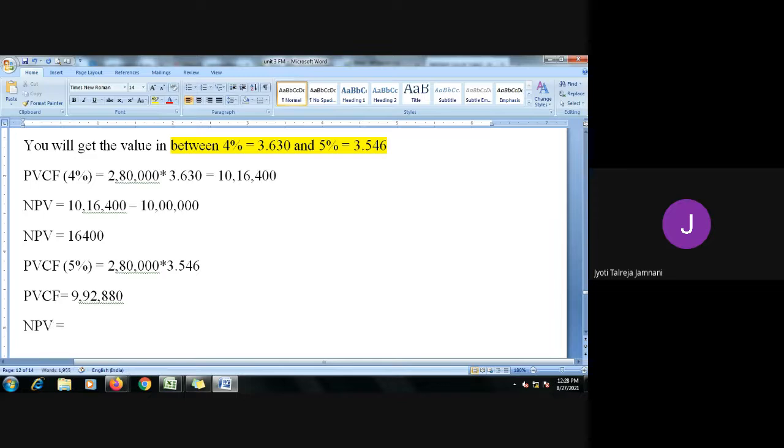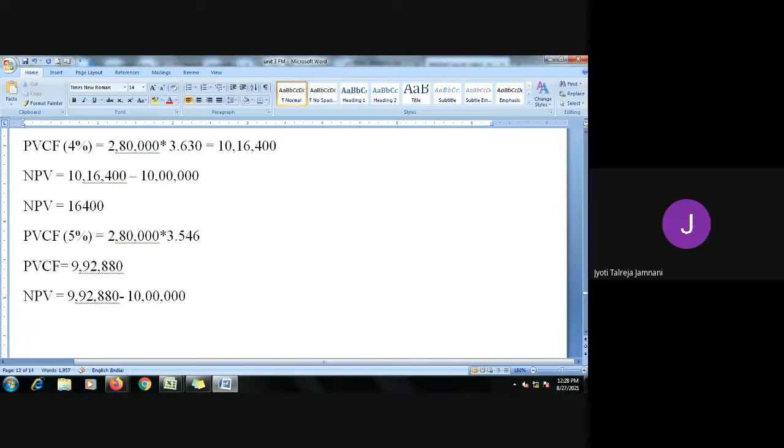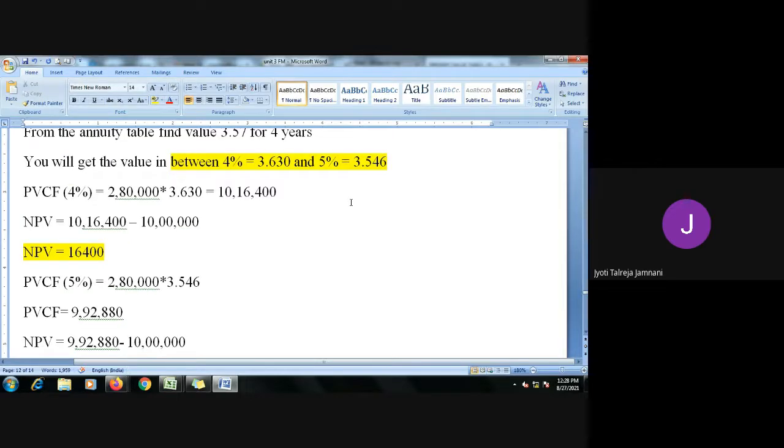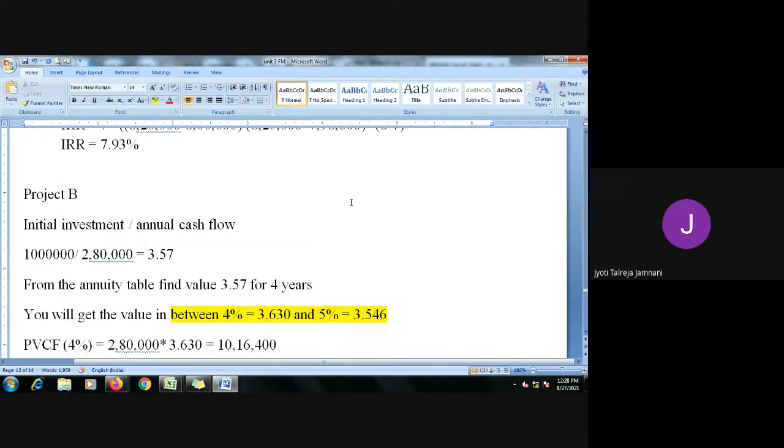NPV is equal to present value of cash flows 9,92,880 minus initial investment 10 lakh. So you get an NPV of minus 7,120. Okay, now we have a positive NPV that is 16,400 at 4% and a negative NPV, minus 7,120, at 5%.